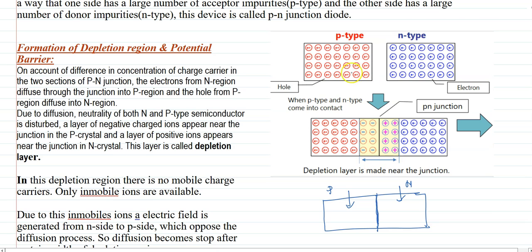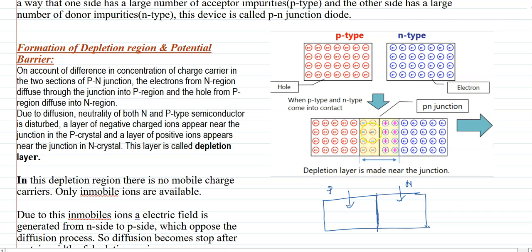When p type and n type are connected, side by side, as p type has a large number of holes and n type has a large number of electrons, diffusion occurs. Due to diffusion, the holes of the p side start diffusing towards the n side, and the electrons of the n side start diffusing towards the p side.